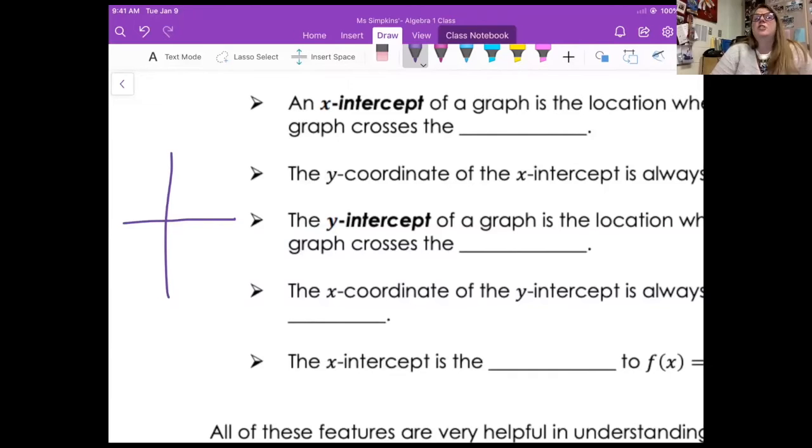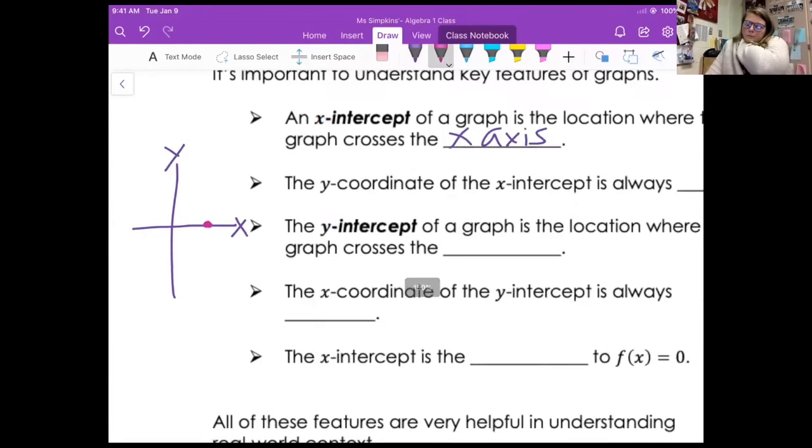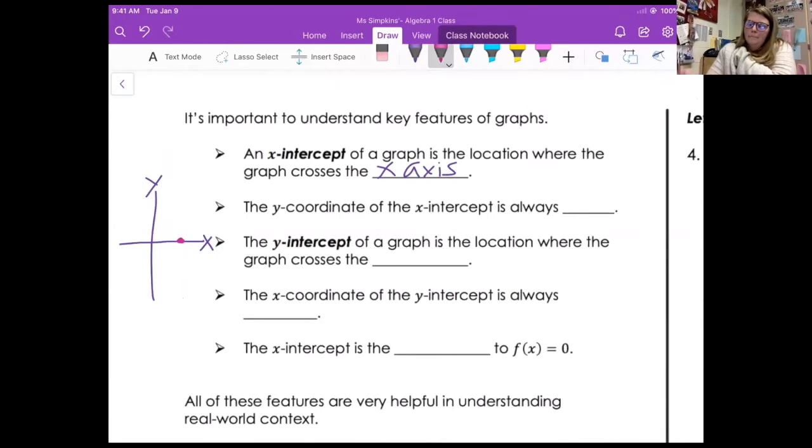It's whenever you're touching the x-axis. So here's a graph in case you need it: this is x, this is y. I'm assuming you know that. If you don't, you might jot it down. So the x-intercept is where the graph is crossing or touching the x-axis. That would be somewhere on the x-axis, like where that pink dot is. That's an x-intercept. And the coordinate of the y is always 0 because you haven't moved up or down on your graph.